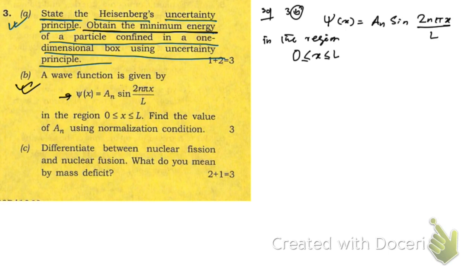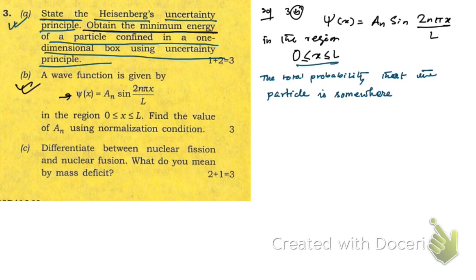Now you see, the total probability that the particle is somewhere in the box, that means within this region, must be unity.